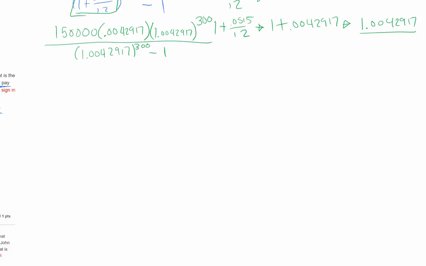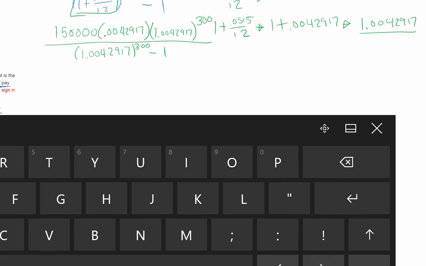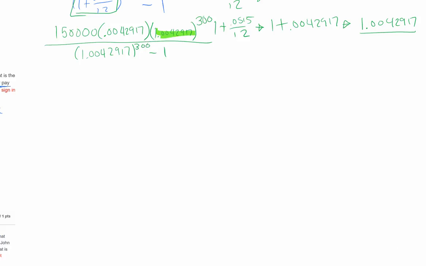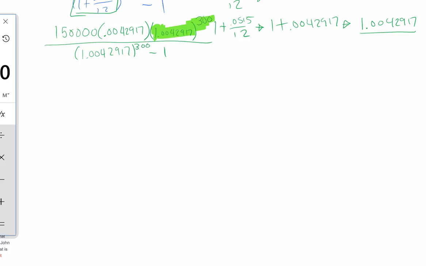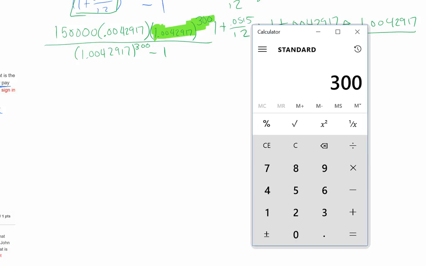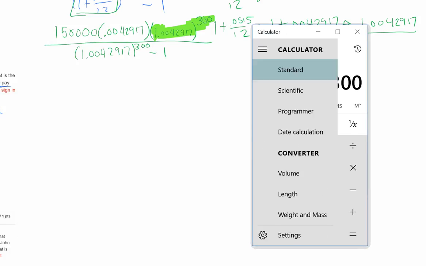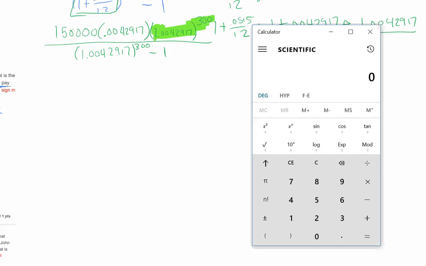All right? So, first step, let's do this piece on the calculator. Okay, so here's what that means. And I think if we switch to scientific, it might be a little bit easier.